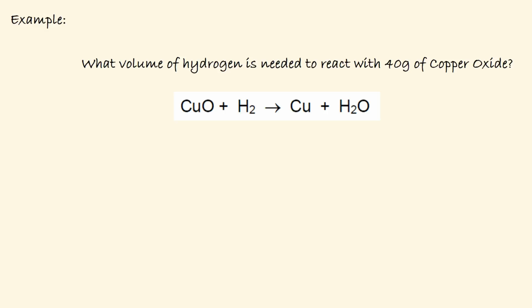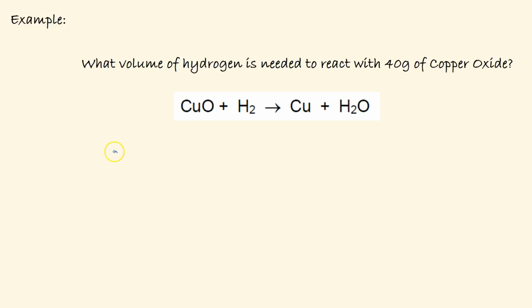So without any further ado, let's have a look at an example. In this question, we're asked what volume of hydrogen, which is a gas, is needed to react with 40 grams of copper oxide. So we've got step 1 done for us here. We've got the balanced equation.